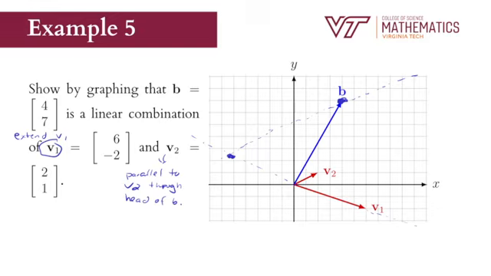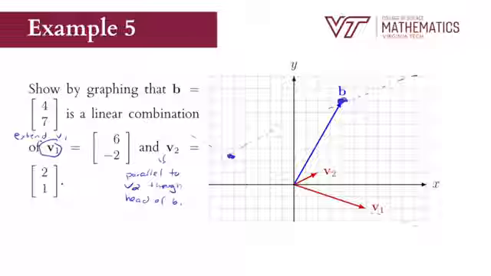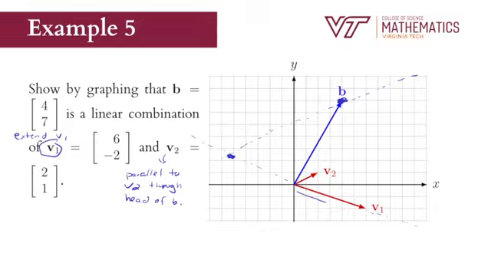And now we have to figure out how many V1s and how many V2s are needed. So if this is V1, then this is negative V1. So we know how many V1s we need. We need negative V1. And now we have to figure out how many V2s we need. So 1 V2 gets me here. A second V2 gets me here. 3 V2 gets me here. 4 V2 gets me here.